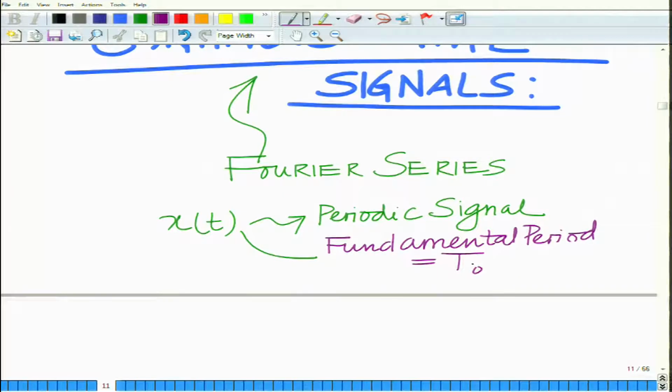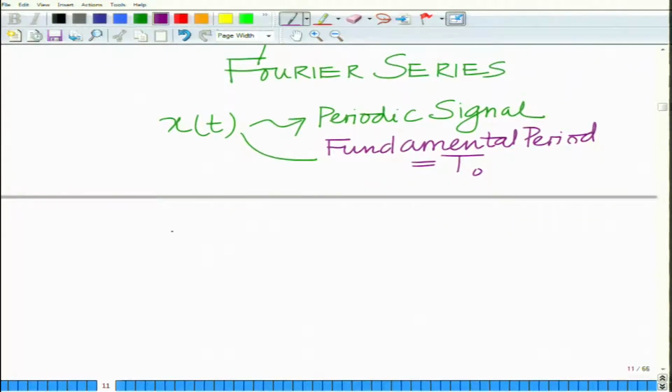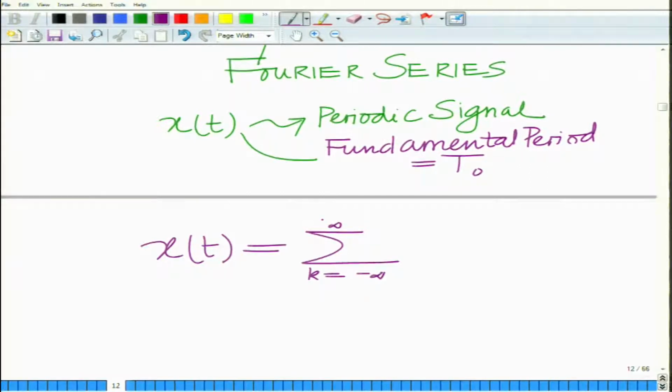It can be shown that such a periodic signal can be expressed as the sum of complex exponentials, and this is important to understand.